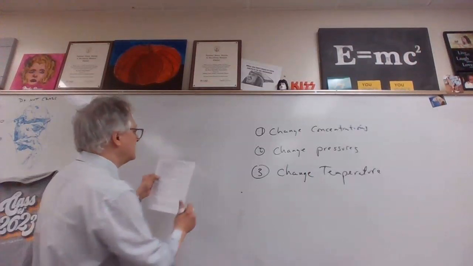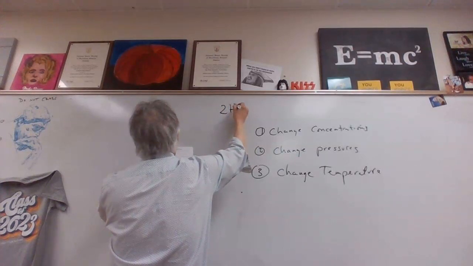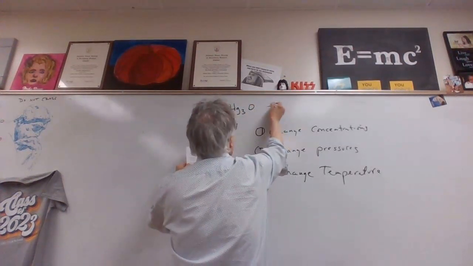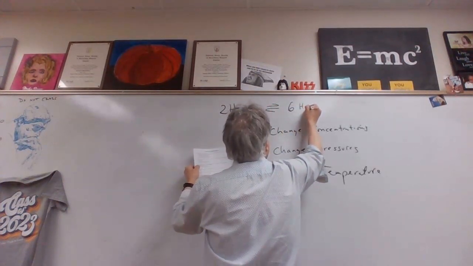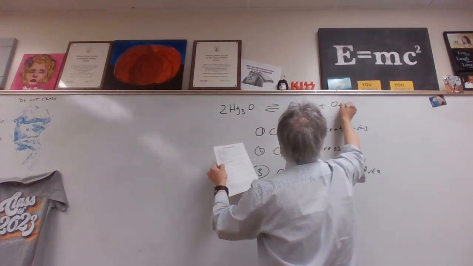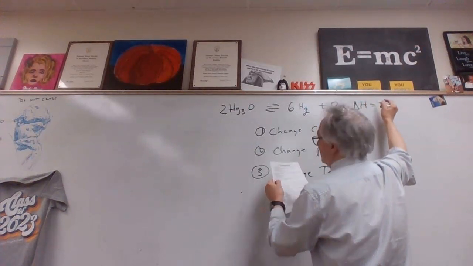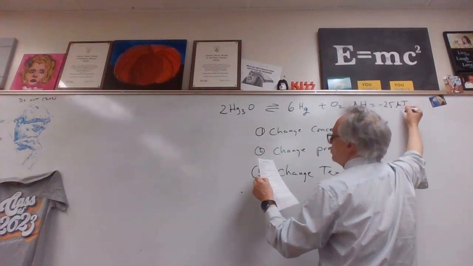I've got some crazy chemical compound here: 2 Hg3O in equilibrium with 6 mercury and oxygen. And it says here, delta H is negative 25 kilojoules per mole.